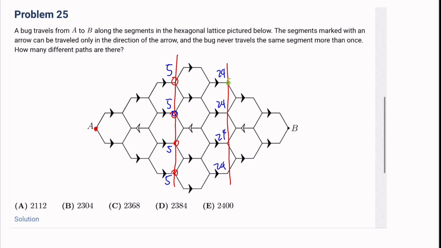Lastly, going from 1 to B, so let's count that. There could be 1, or 2, or 3, or 4, or we could use the reverse thing and go like this, so that would be 5. And there are no other ways to go from this to B. 5, right?